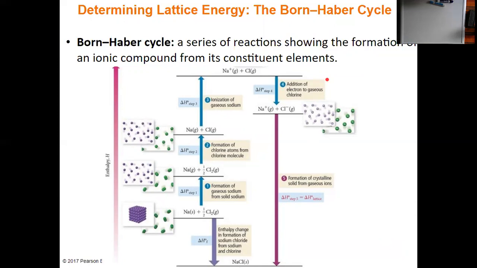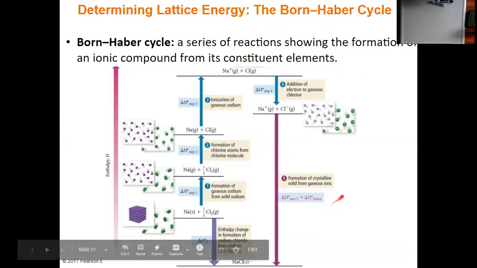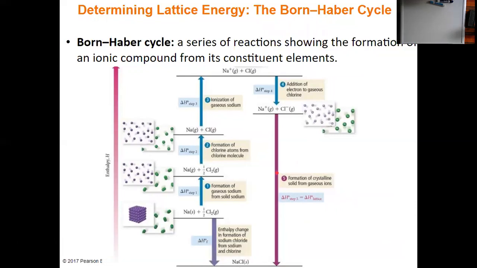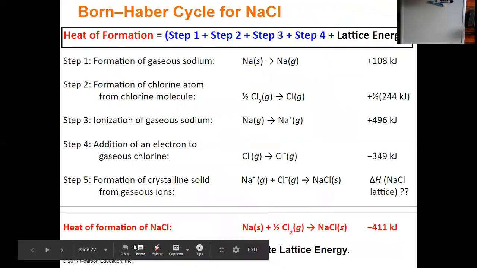We need to know each of the individual steps except for the actual lattice energy, and we need to know the heat of formation, or the enthalpy of formation, whichever way you want to say it, for the ionic compound that we're looking at.